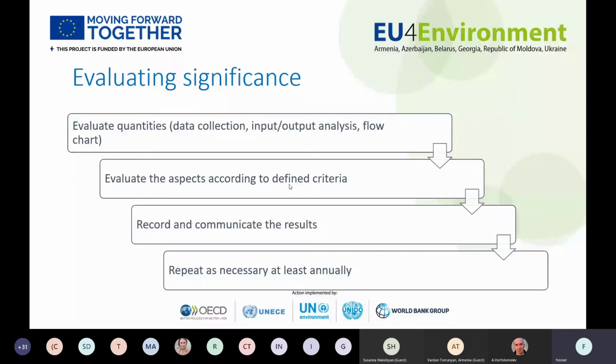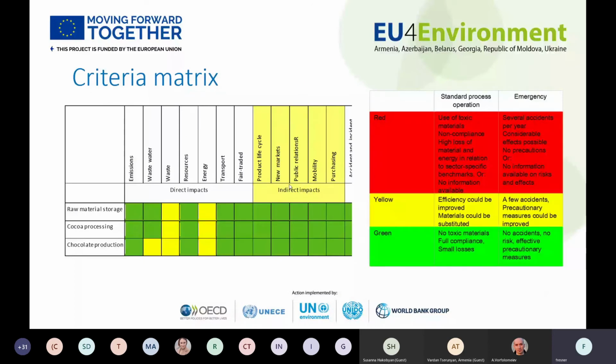This is an example how such an evaluation can look like. We see here in the left matrix some areas. This list would be much longer. You have it in the materials describing ZOTA. And then we have here, environmental aspects resulting to impacts.